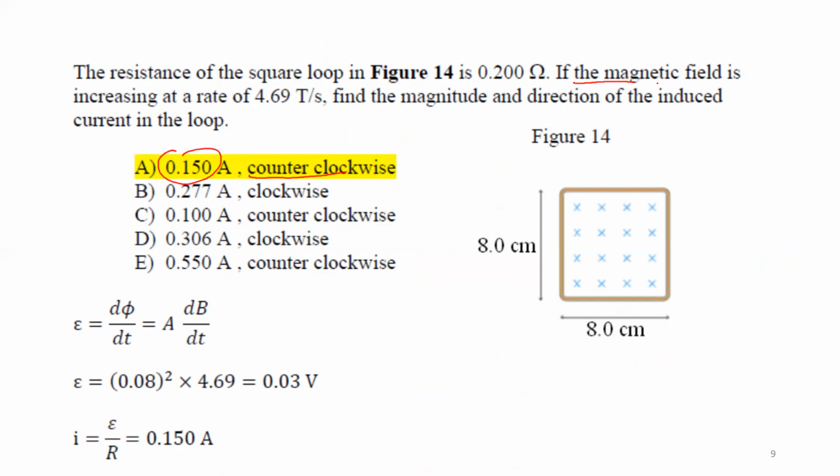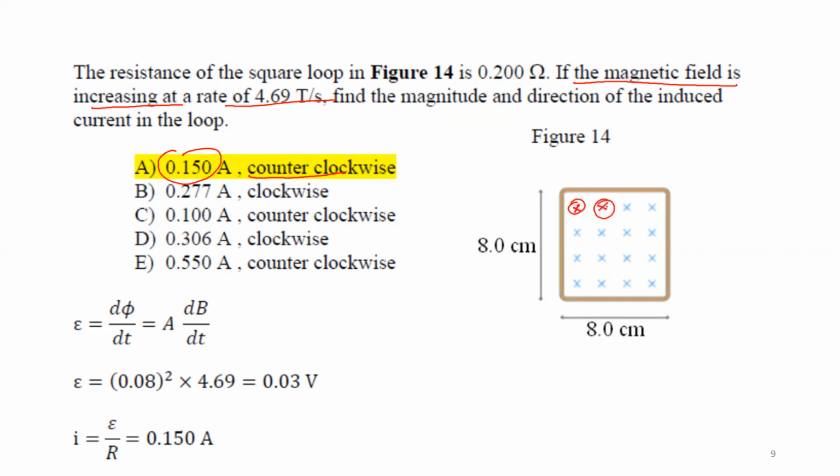Here I told you that the magnetic field is increasing at this rate, okay? So if the magnetic field is increasing, the flux is increasing. Meaning what? Meaning that Lenz's law is telling me that I don't want that change to happen. By the way, the magnetic field is pointing inward here.